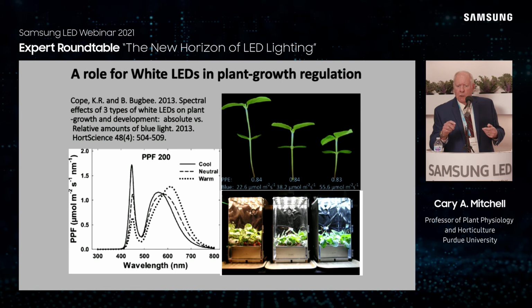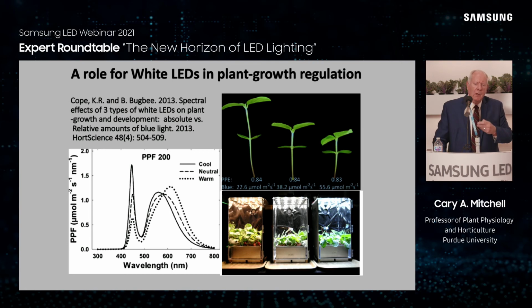Then the neutral are the dashed lines. It looks like there's a shift. The blue is lower. It shifts more toward the red. And that's the middle compartment, and you can see they're a little bigger. And then finally, the warm white, which has the lowest blue peak and the highest and more red-shifted red peak, and those plants are the largest.